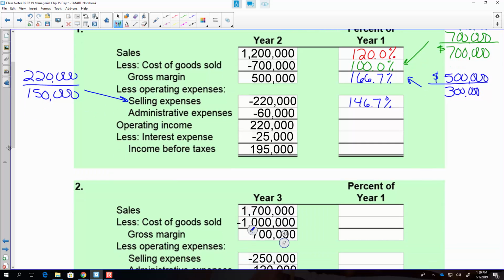Going on to admin expense, 60 divided by 50. I don't know what that is either, Eric. Do you know that? 1.2. So that would be 120%.